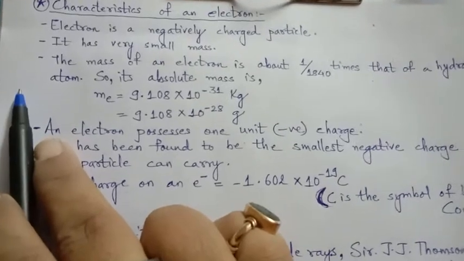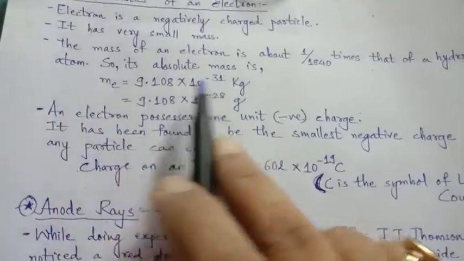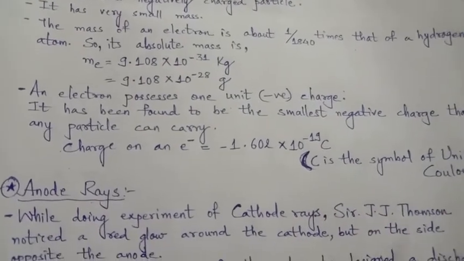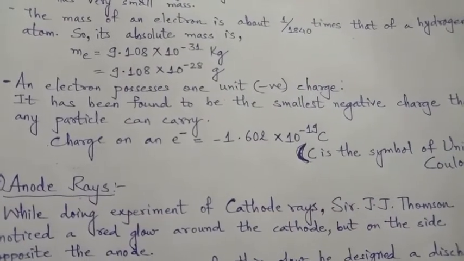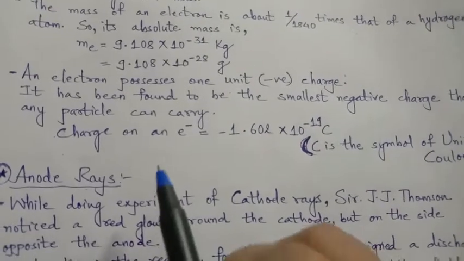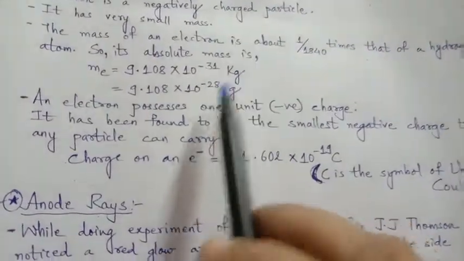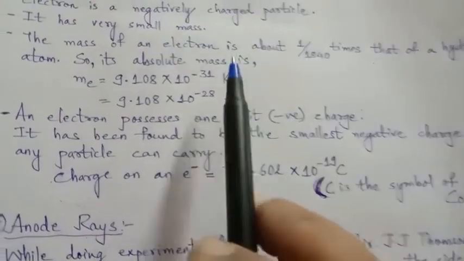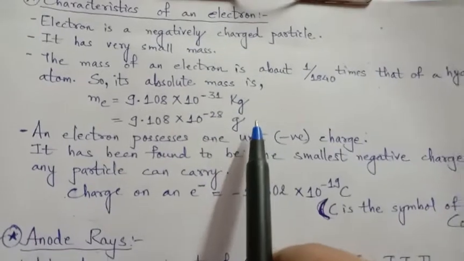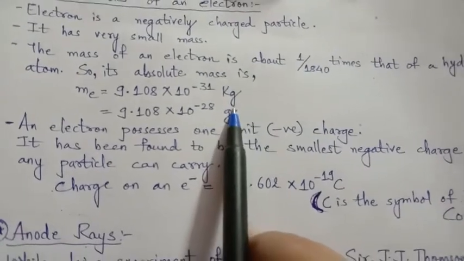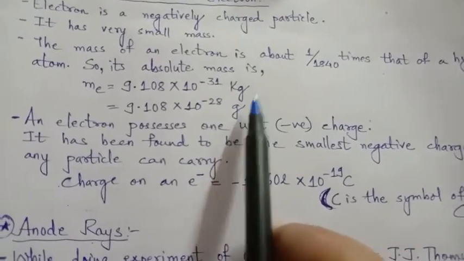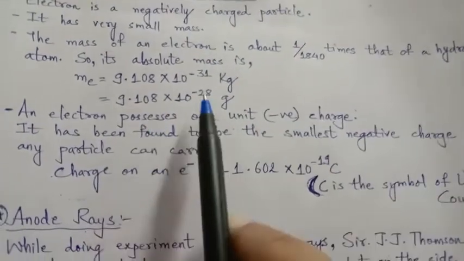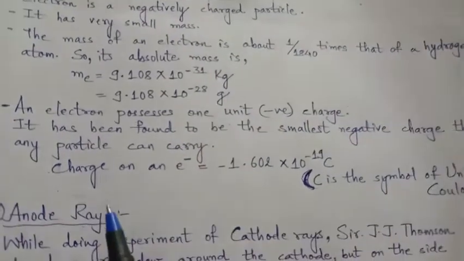So 0.000000, 30 zeros, then 9 will come. So that much small is the mass of an electron in kilogram, and in gram it is 10 to minus 28 gram. This was also calculated by certain experiments by Millikan and Goldstein, by the oil drop experiment, again by passing gas through the discharge tube. But all this you will learn in your higher classes.